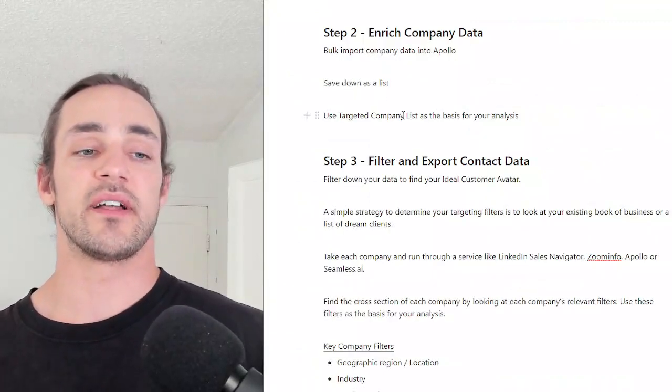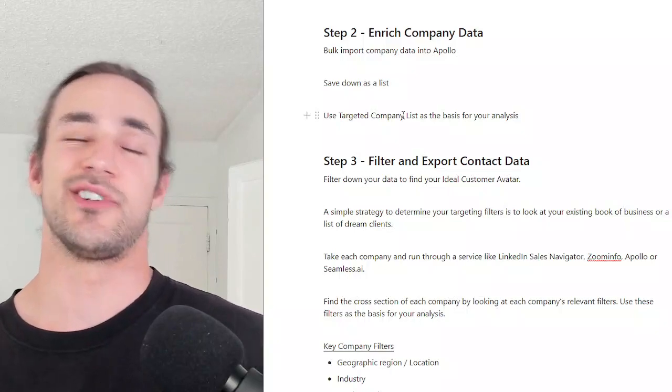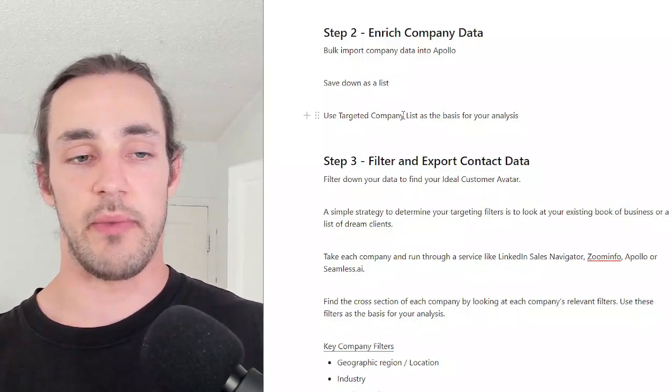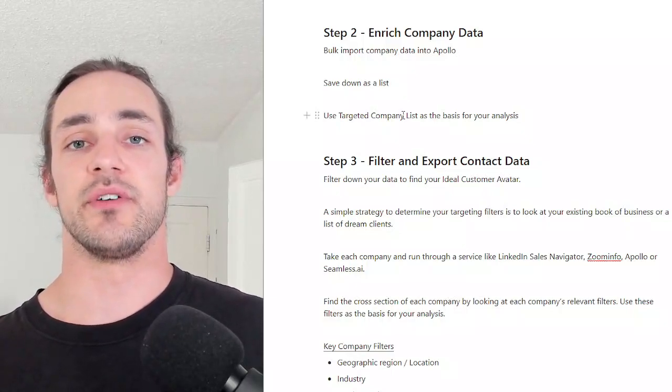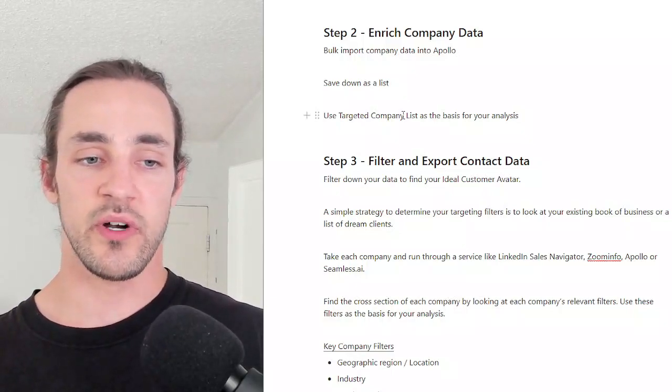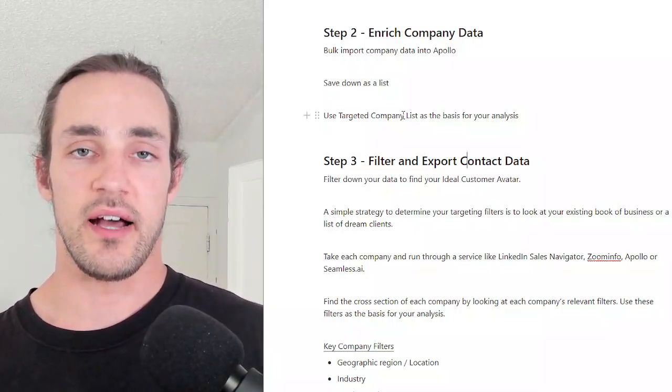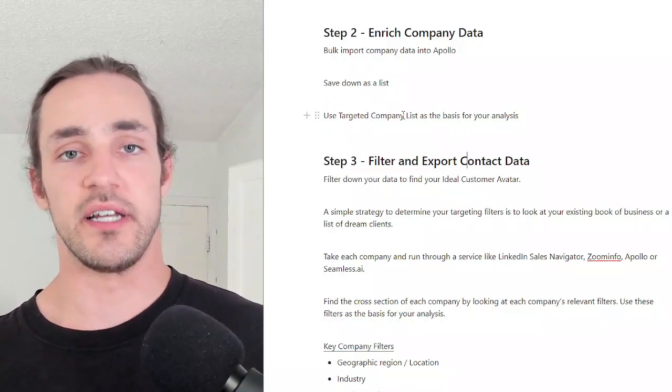Now, while that's uploading, we can talk about just some strategy around filtering. There's quite a few ways that you can go about this. Typically, what you'll do is you want to just think about your existing book of business as a way to triangulate ideal fit titles.